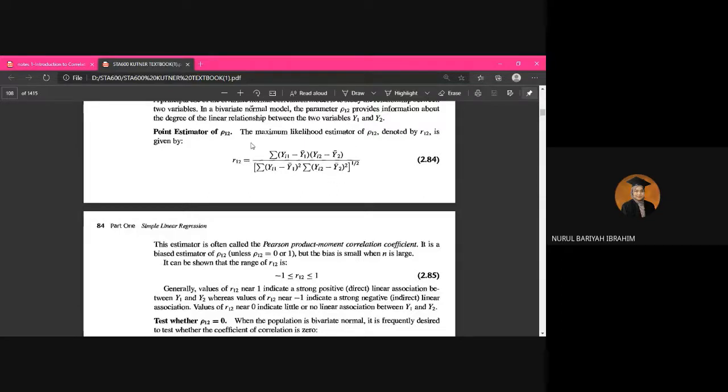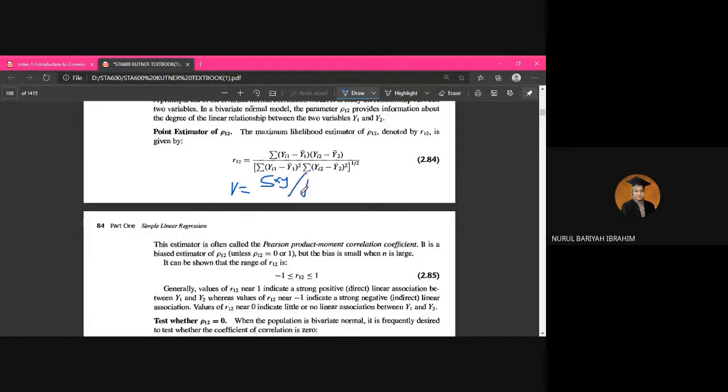Remember, that is the formula to get the value of R, which is the Pearson correlation coefficient.